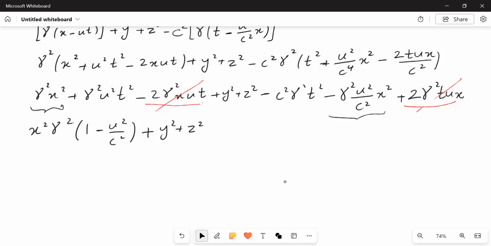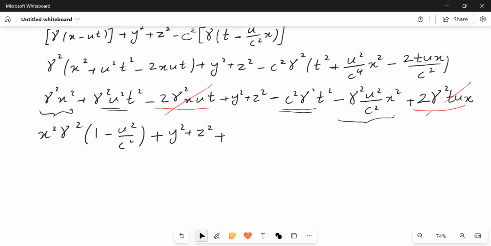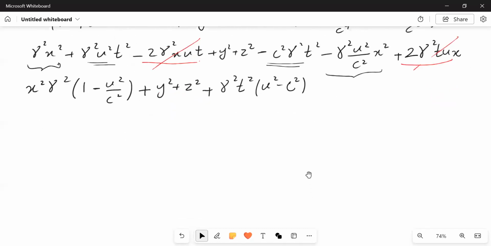And then here, I can actually factor the common term gamma squared t squared. So here we get plus gamma squared t squared, and I have u squared minus c squared left. Okay, so things are starting to get a little bit simpler.